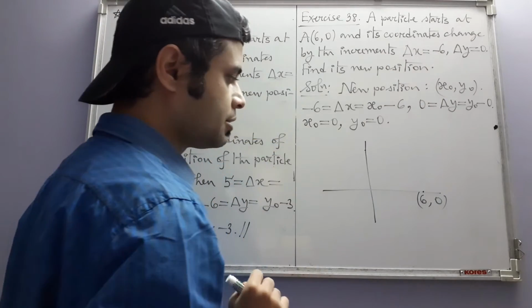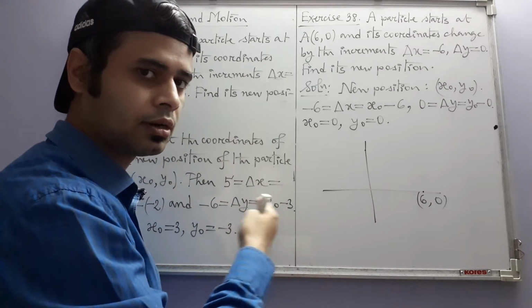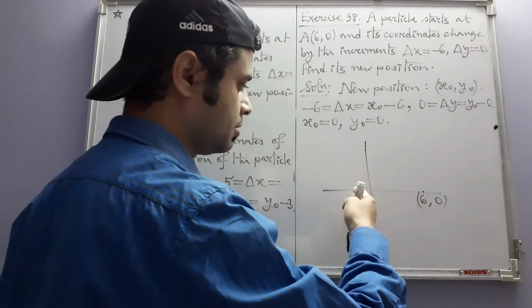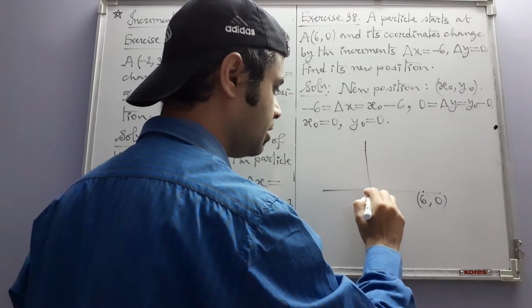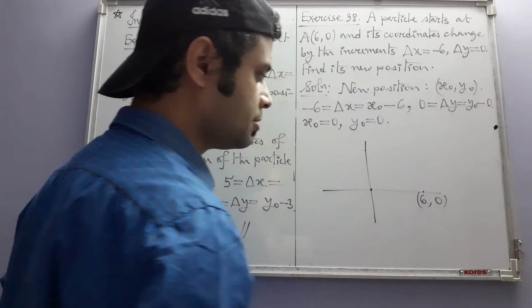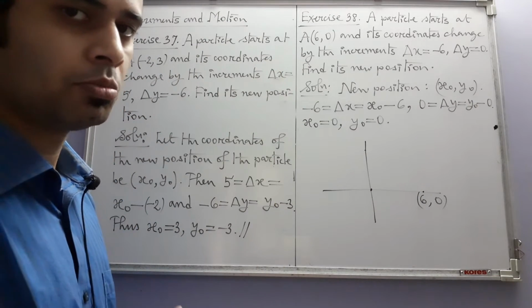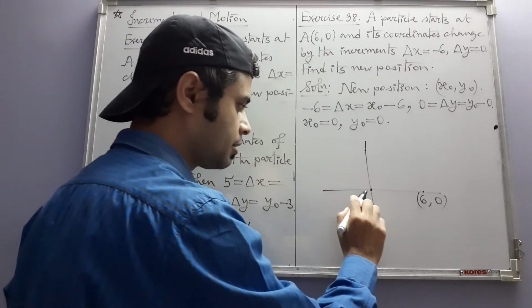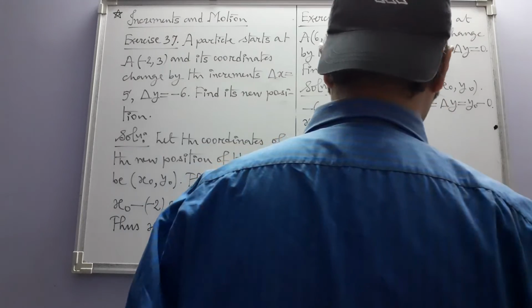Delta x is minus 6, so it will shift towards the left hand side of the x-axis by 6 units, so it will come here, and delta y is 0, so along the y-axis there is no motion, so that's why it comes to the origin. That way also you can think.